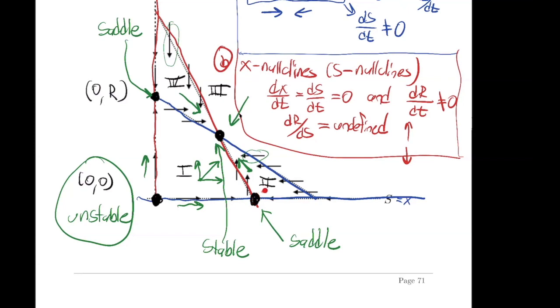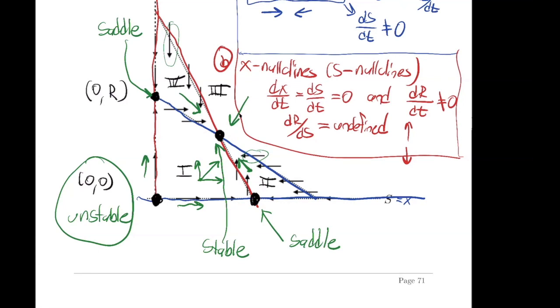But if we do include a little bit of rabbit over here, then that's when we approach this equilibrium over here. So if initially you start with some rabbits and some sheep, then as time goes on, we're going to approach this rabbit population and this sheep population over here. Okay, any questions?